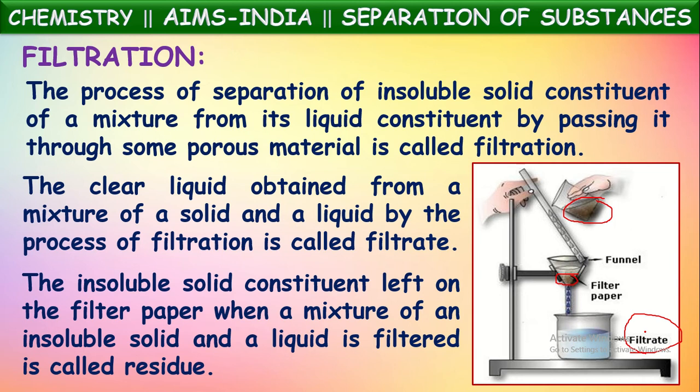Then the pure decoction will come down, and the tea leaves or coffee pieces will remain in the sieve itself. The pure decoction that came down is called filtrate, and the solid that remains in the filter or sieve is called residue. This technique is called filtration.